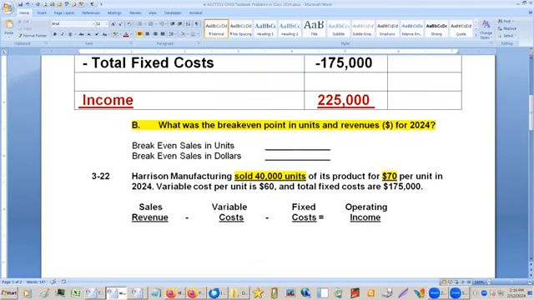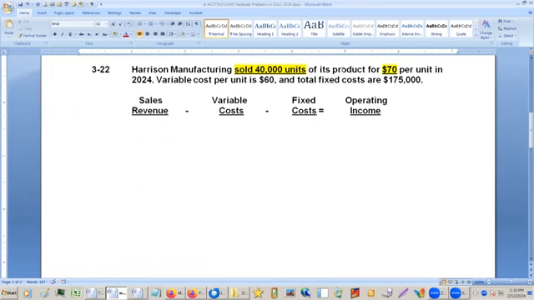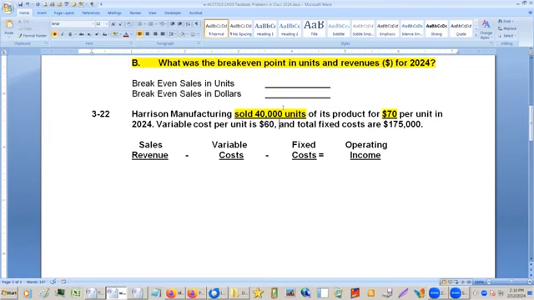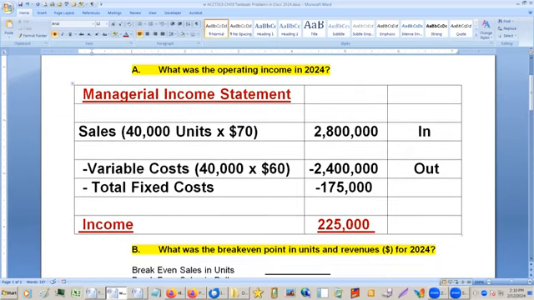Okay, so they tell us there's 40,000 units sold. Now, we know how much the income is at 40,000 units.